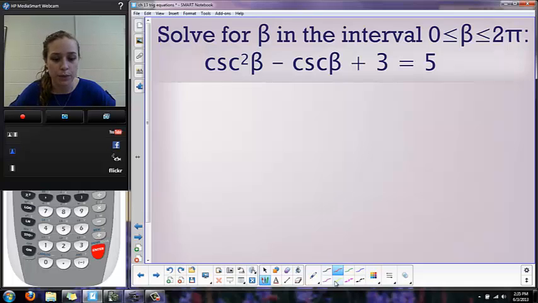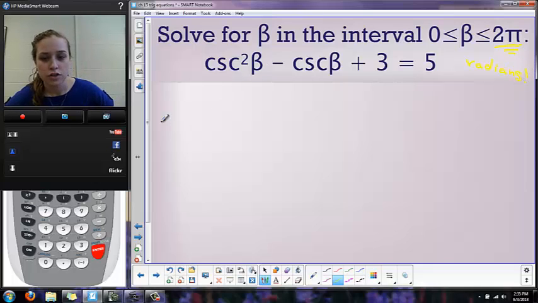Anything that you want. But what I do notice about this, solve for beta in the interval between 0 and 2 pi. What does that tell me whenever it's between 0 and 2 pi? That means our answers have to be in terms of radians. Fantastic. Because we all love radians so much.